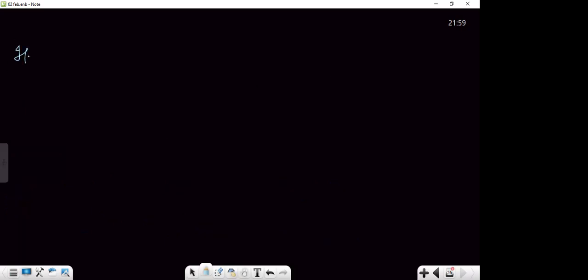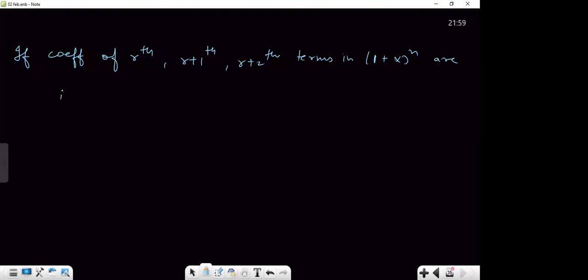If coefficients of the rth, r plus 1th and r plus 2th terms in the (1 plus x) raised to power n expansion are in AP, then the relationship between n squared, n and r will follow this condition.